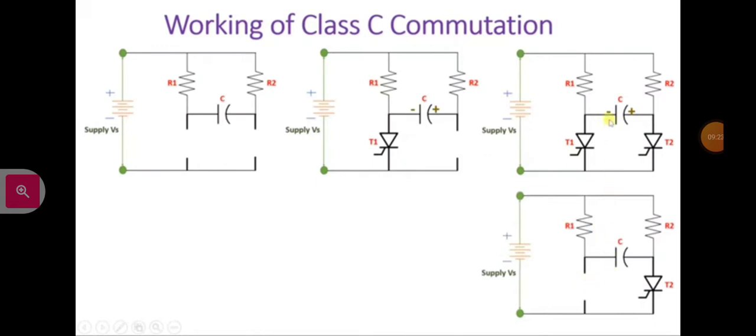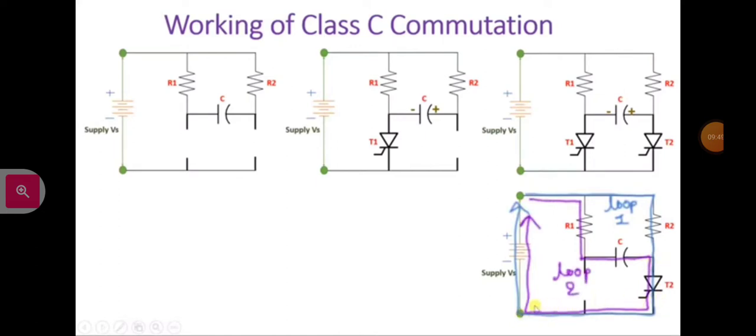Now initially the voltage across the capacitor is minus plus like this, and I am considering that as plus Vs voltage. But as this T2 is getting turned on, current will flow through T2 via two different loops. One loop is Vs to R2 to T2 like this, and the second loop is Vs to R1 to C to T2.